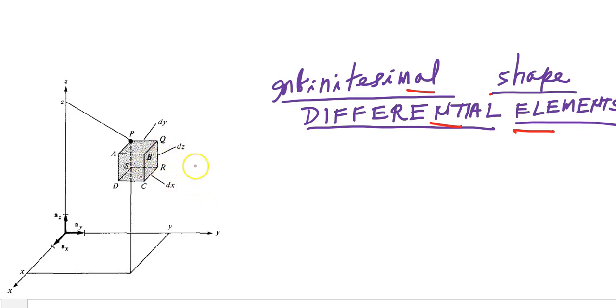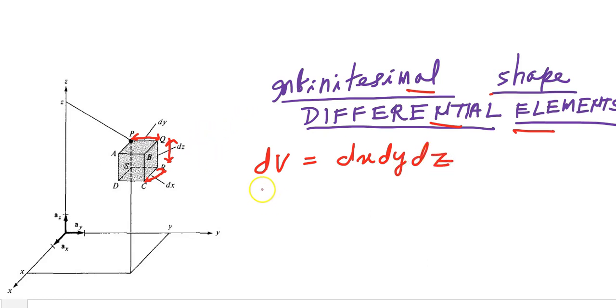The differential length along the x-axis we designate as dx, the differential length along the y-axis we designate as dy, and the differential length along the z-axis we call dz. So obviously, if I ask what is the volume of this differential element, I can easily say dx into dy into dz.